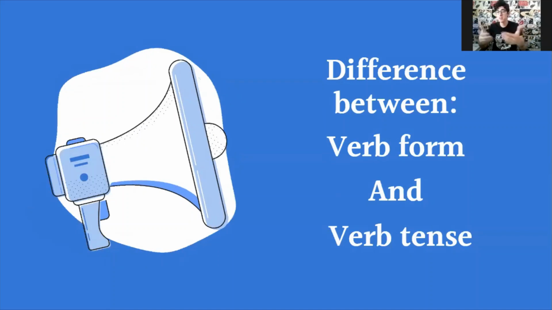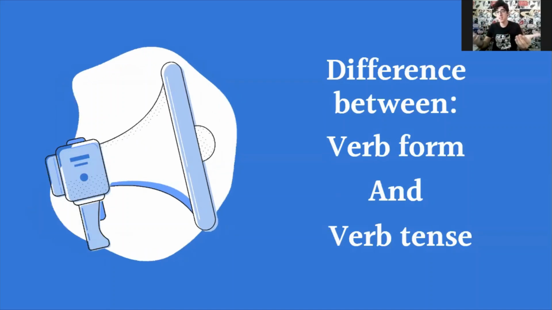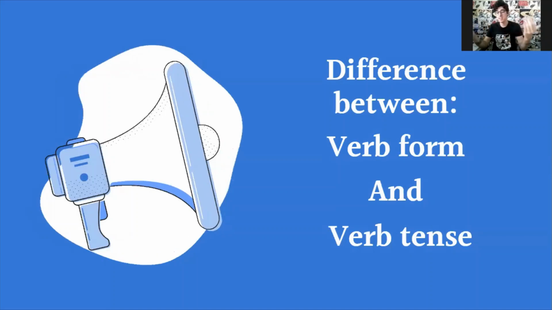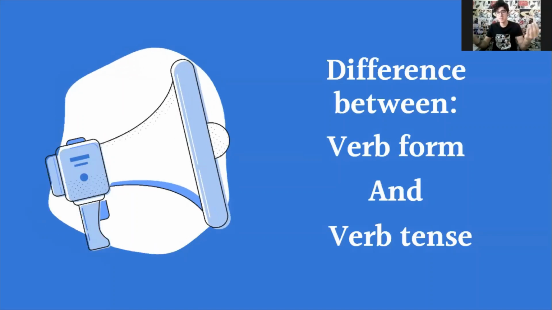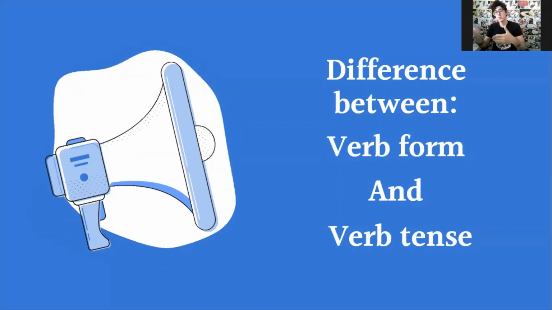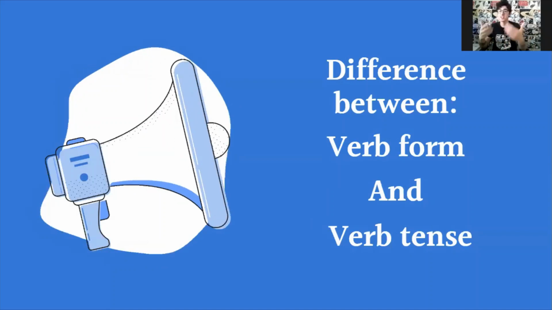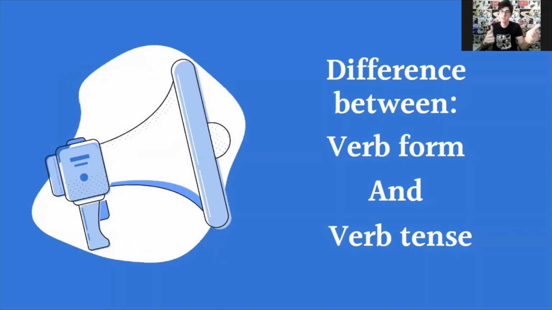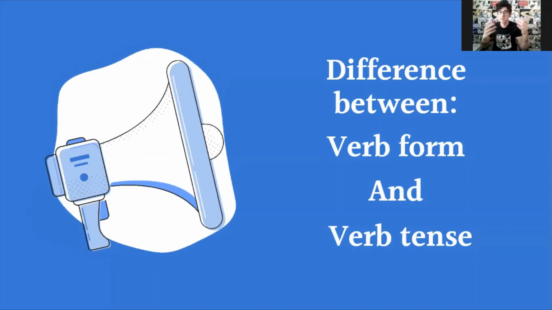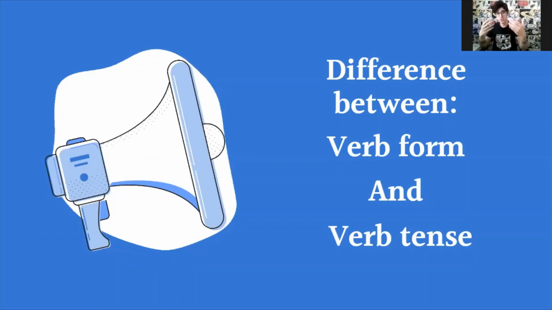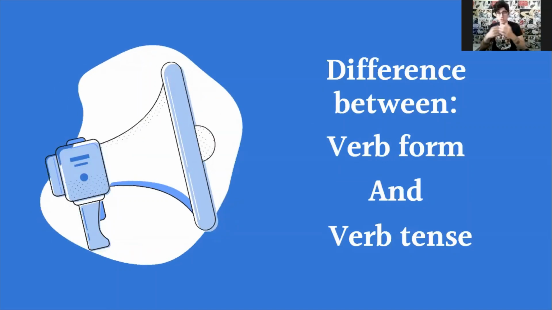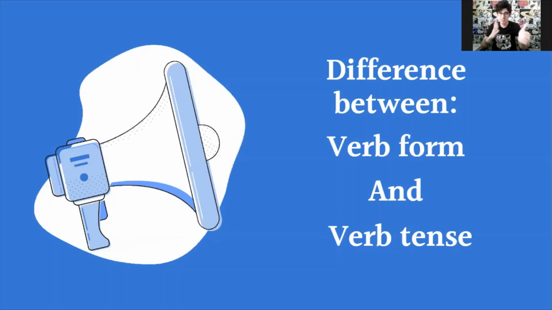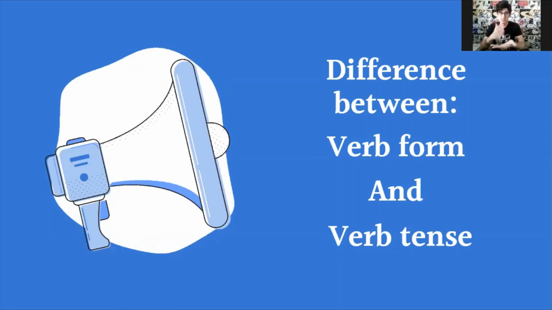For the verb tense, we analyze the whole sentence, the structure as a whole. And for the verb form, we analyze just how the verb is behaving inside a sentence, how the verb is conjugated. So the first difference is that the verb form is inside of a verb tense.